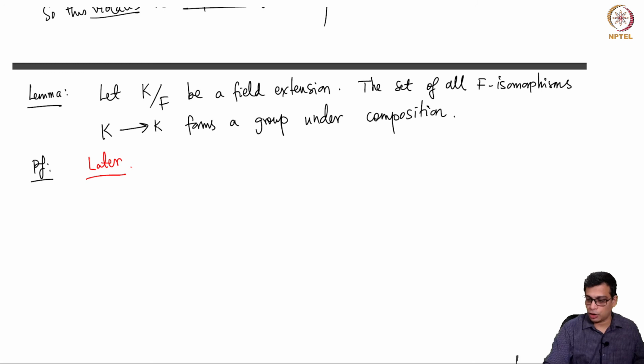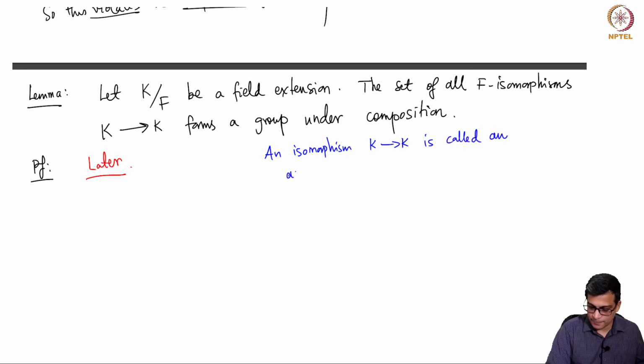and these are called automorphisms. If you have the same target and source, we call this an automorphism. So an isomorphism K to K is called an automorphism.